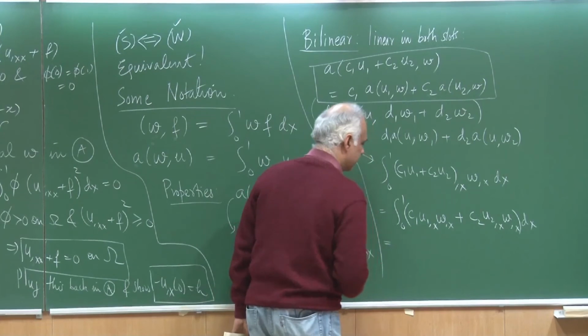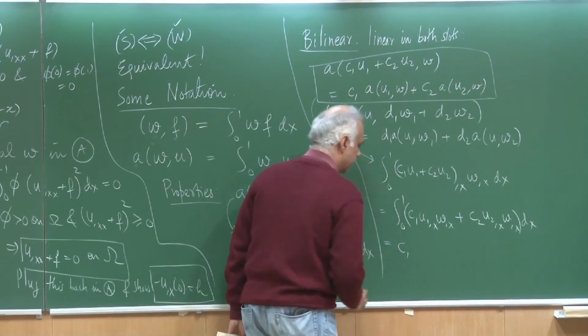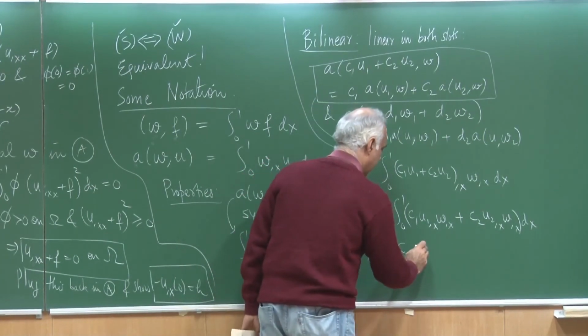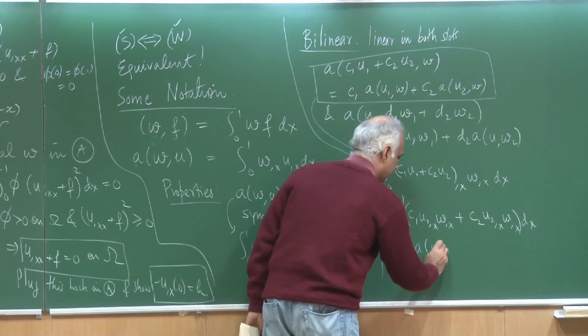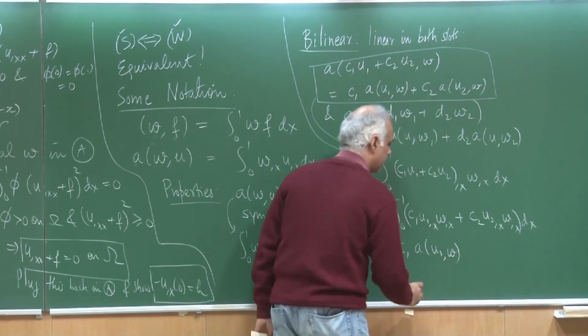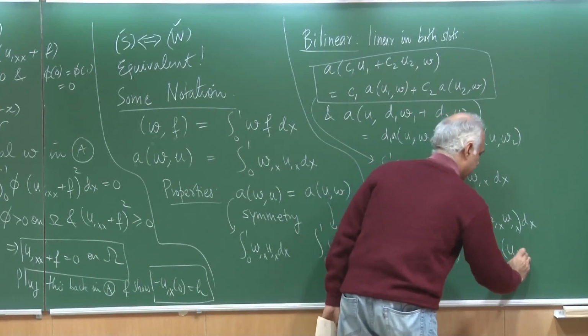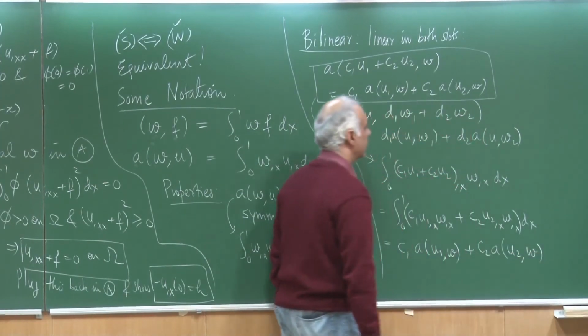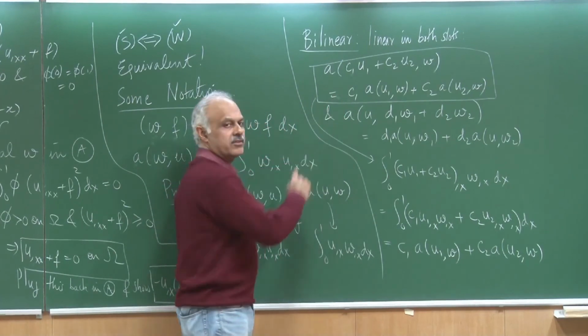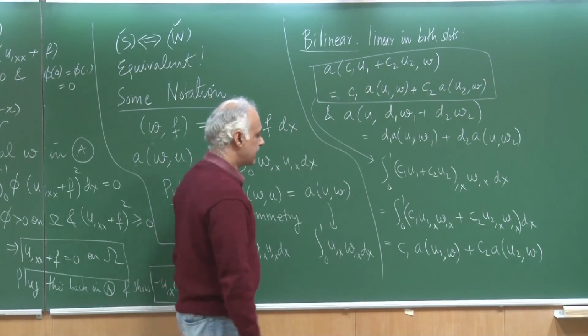And if I open up this further, then I get C1 times A(U1, W) plus C2 times A(U2, W), which is really what we have written earlier. So that's the proof.